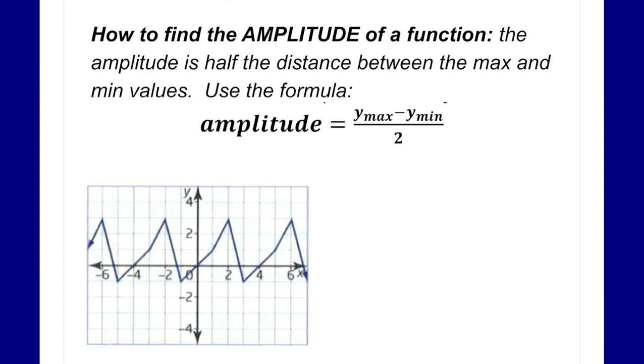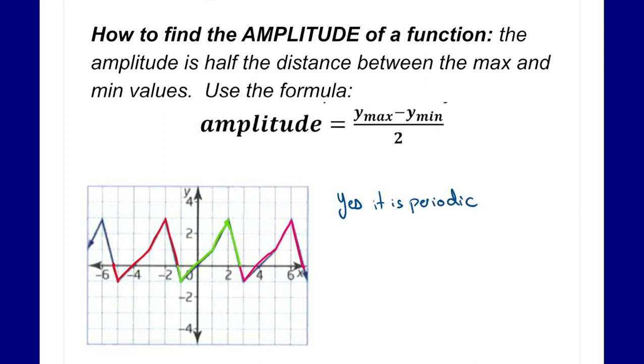I can pick an x value and see, do I have a repeating pattern? I come back to my starting point in terms of my height, or my y values. As I go through, roughly sketching it, it does look like there's a repeating pattern. So yes, it is periodic.